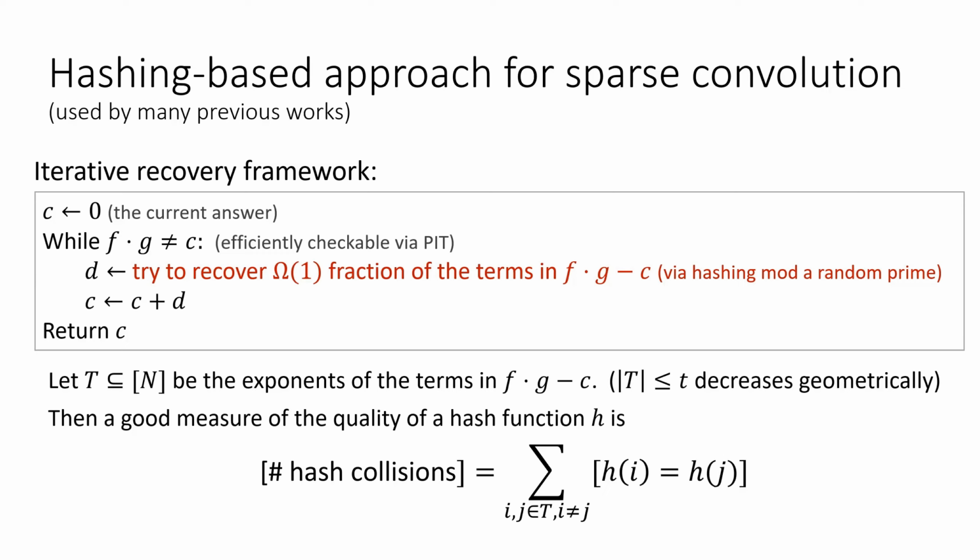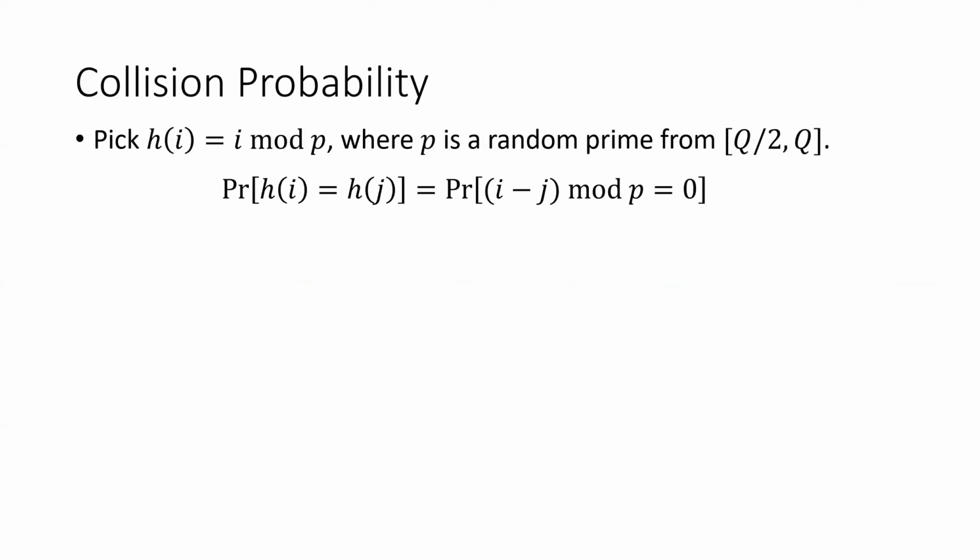Because we're taking a random prime, let's look at the expected number of hash collisions. By linearity of expectation, we care about the collision probability for each pair i and j. Suppose we pick a random prime p from the interval q over 2 to q, and the probability that h(i) equals h(j) is the probability that p divides the difference i minus j.